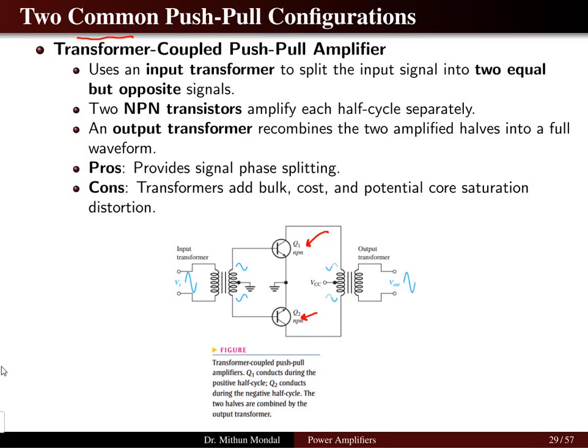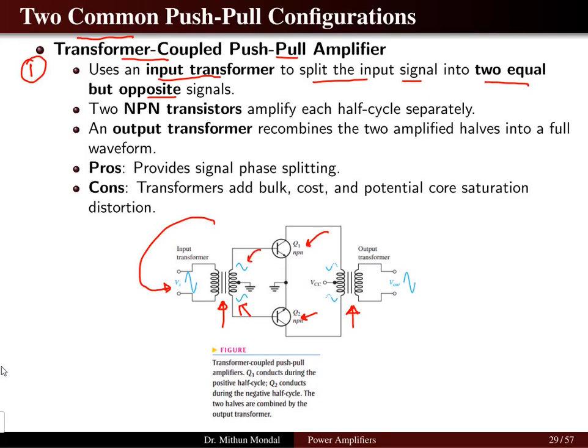There are two common circuits which we use for push-pull configuration. The first one is the transformer coupled push-pull amplifier. Here we can see there is an input transformer and an output transformer. The input transformer splits the input signal. The AC signal coming in is split into two equal but opposite signals because the secondary is center tapped.